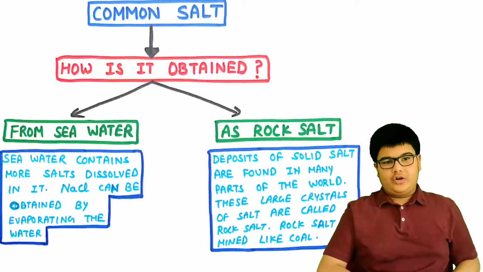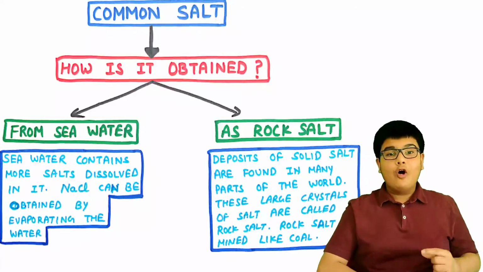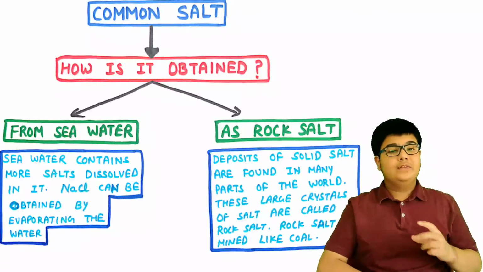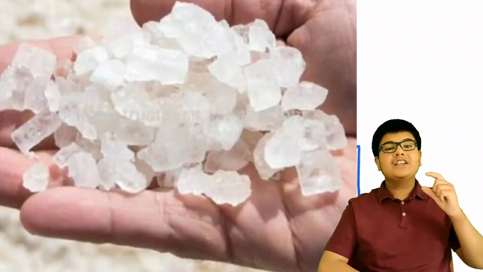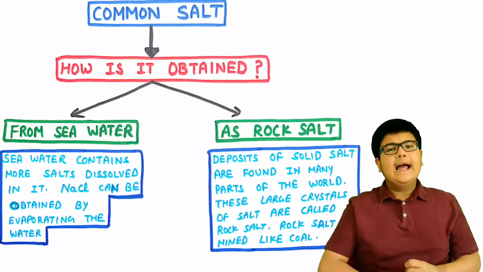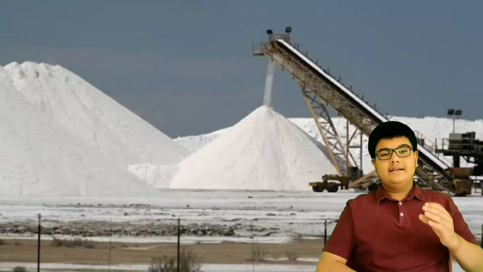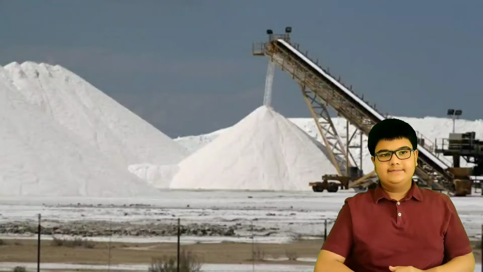Second, as rock salt. Deposits of solid salt are found in many parts of the world, and these large crystals of salt are known as rock salt. And like we mine coal, similarly rock salt can be mined.